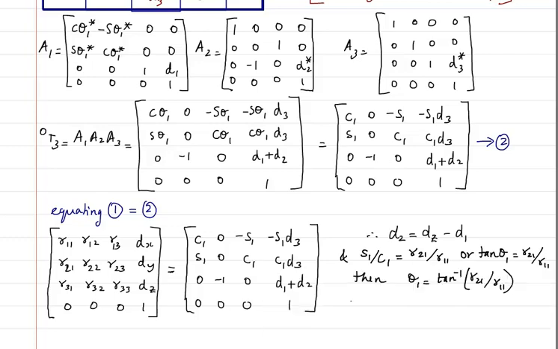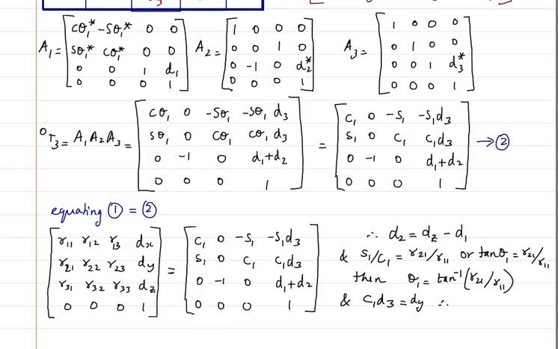So now if we know theta 1, then we will be able to find out d3 by using C1 d3. So C1 d3 is the same as dy, therefore d3 is equal to dy divided by cos theta 1.